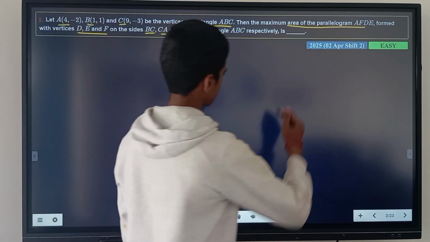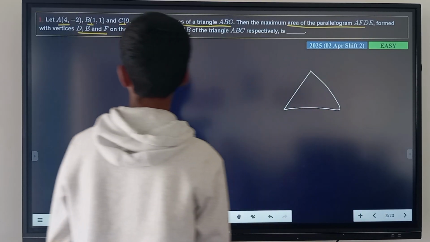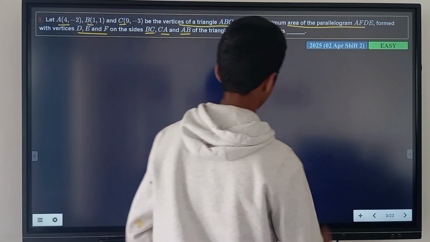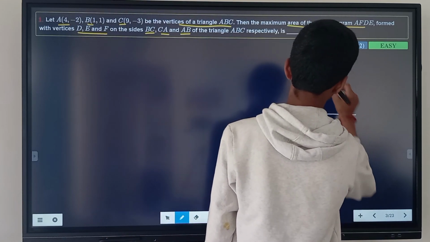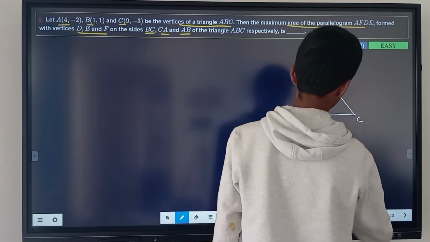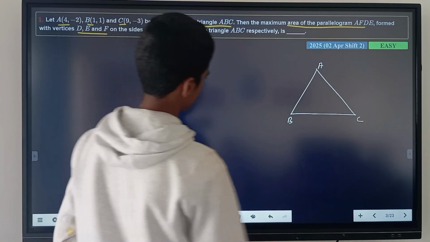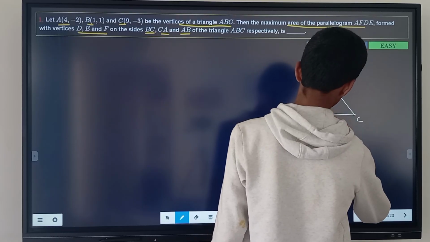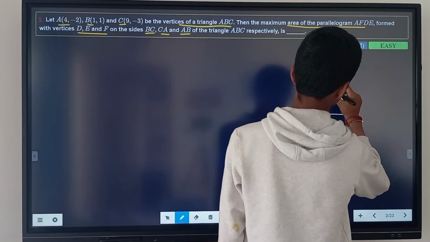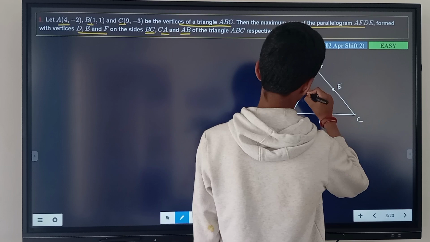So, let's say here we have a triangle A, B, and C. Our point D is on BC, E is on CA, and F is on AB.